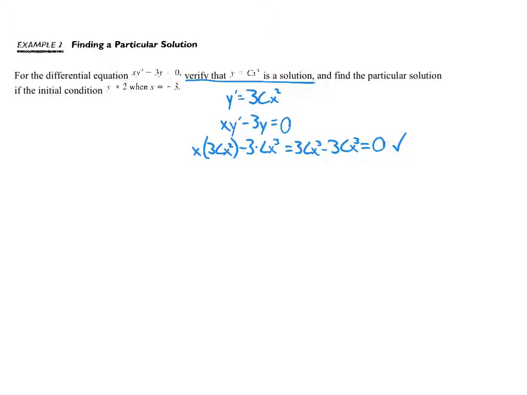So now we want the initial... Wait, Mr. Dixon? I see how you got the second, the negative 3c, because it's y, which is cx cubed, and it's minus 3y. Cubed, not squared. I understand. Okay?